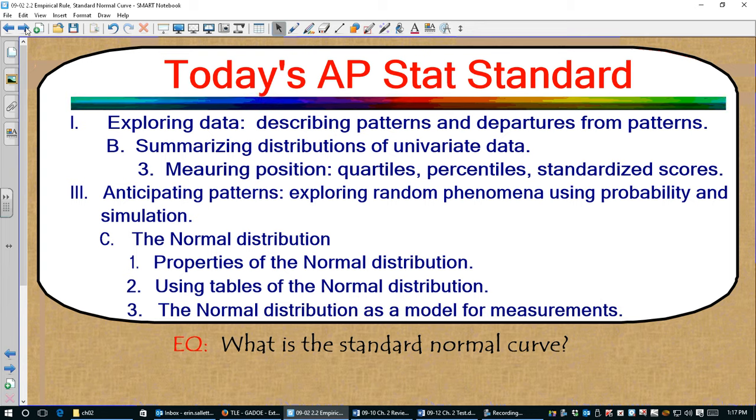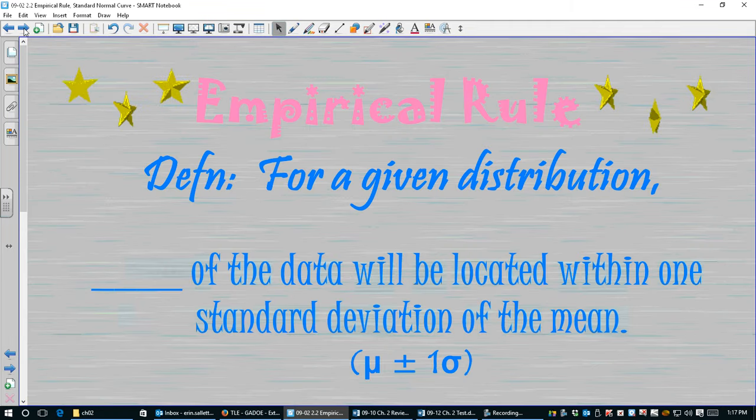So we're going to start out talking about the empirical rule. And the empirical rule is sometimes called a different name. But the empirical rule tells us about areas that are underneath our normal distribution. We ended our discussion in yesterday's video discussing density curves.